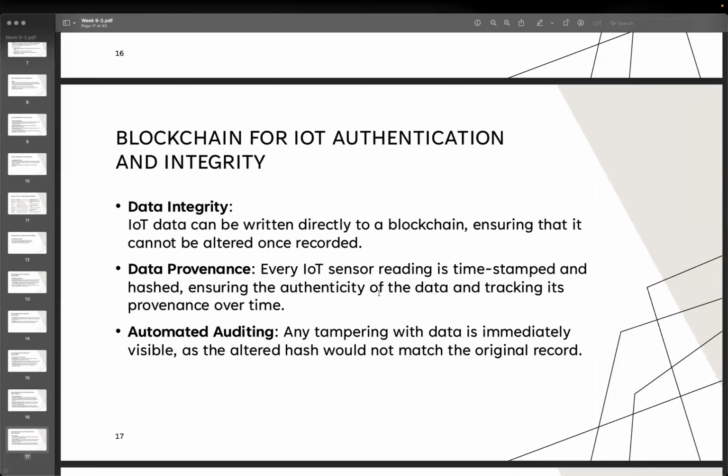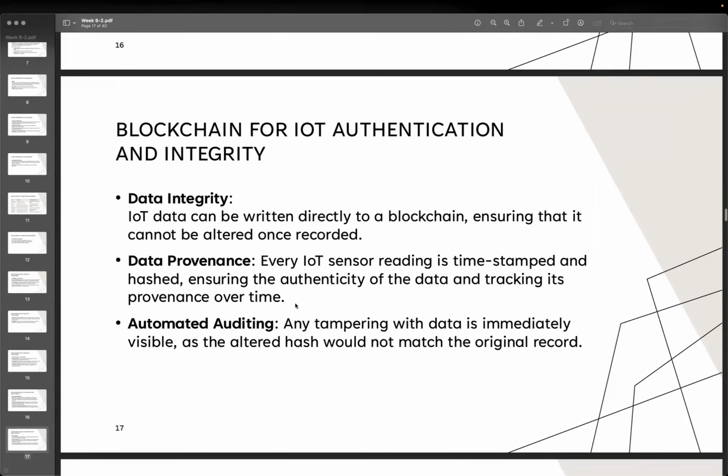And data provenance. Since all the IoT sensors will come with a timestamp and be hashed, we can ensure the authenticity of the data and check its provenance over time.